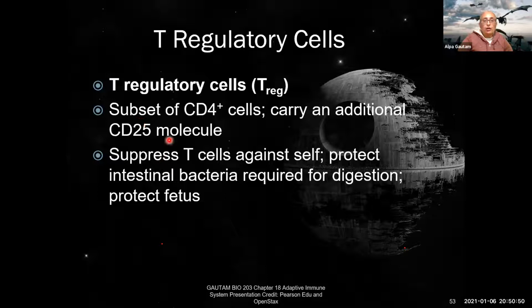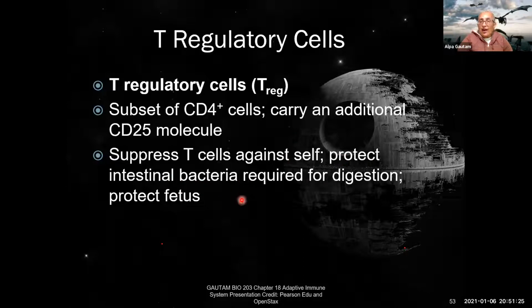When this molecule is present on the T4 cell, that T4 cell is now a T regulatory cell. It suppresses T cells, it prevents the T cell from being targeted by other T4 cells or even itself against other T4 cells. It protects the intestinal bacteria.